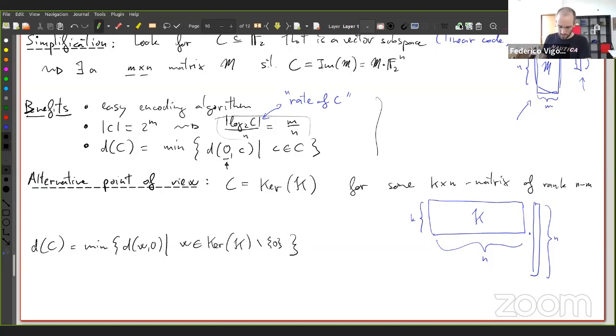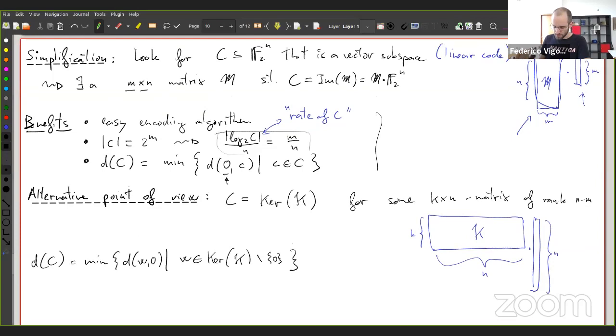And that is, if you want, equal to the minimum number of columns that add up to 0. Well, let me just ignore this. I just rewrote it for no reason. But let's just take this point of view.